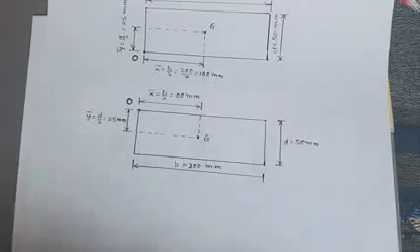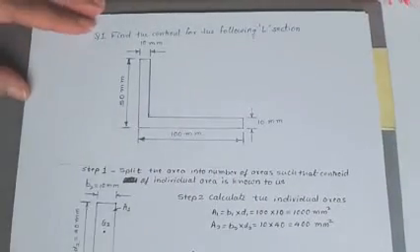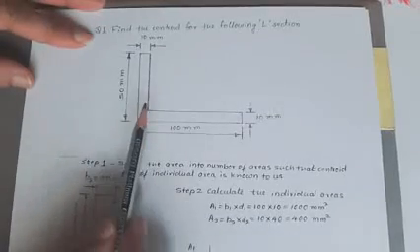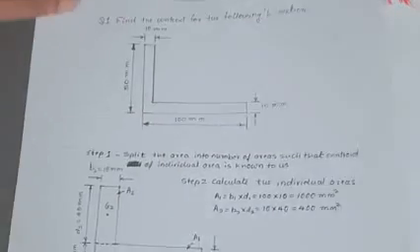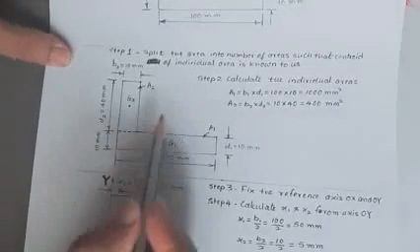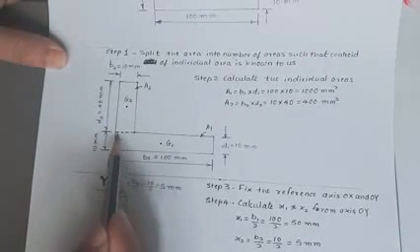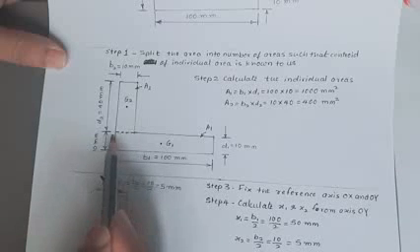Now let us come to our problem, the L section. The first step is to split the area. Here I am showing the dotted line, splitting the rectangle.